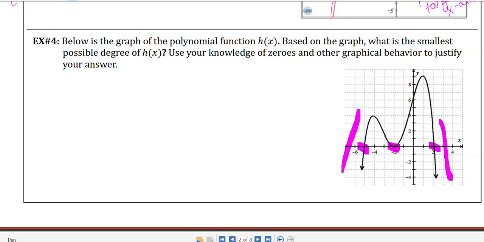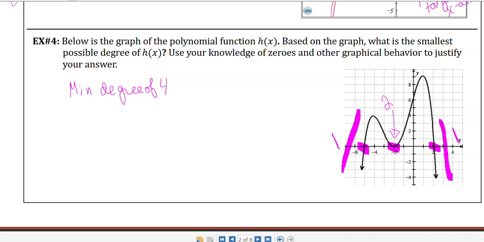This passes through, so this would imply a degree of 1. This right here, because it's tangent to the graph, it bounces off. It would imply that it's an even exponent with a minimum of 2. So if we add those up, that would be 4. And that's really our justification. So a minimum degree of 4.